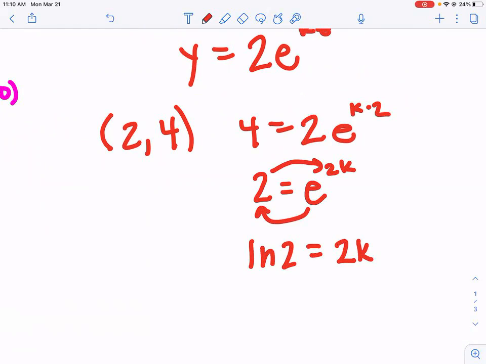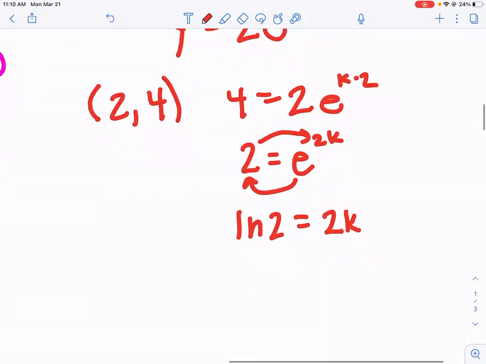Hey, guess what? You're going to need your calculators. Get them out. What happened with actual numbers?